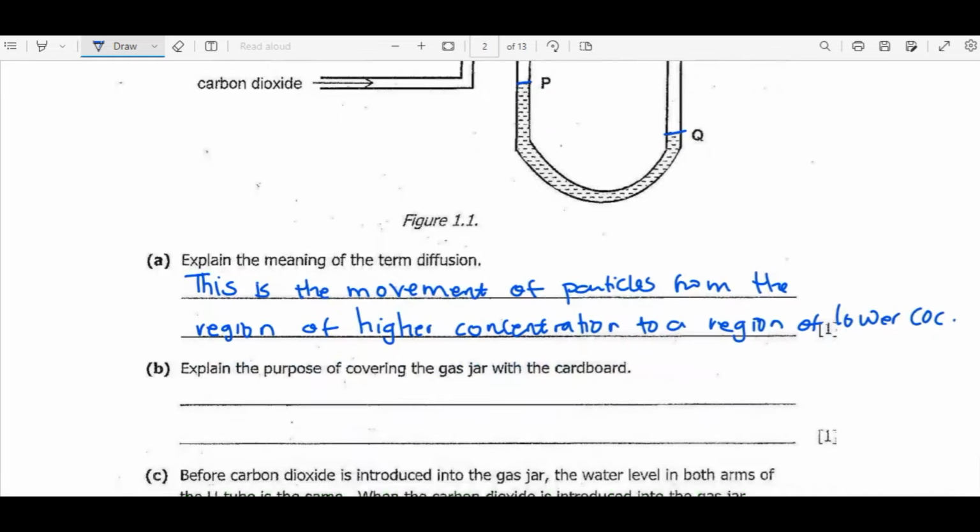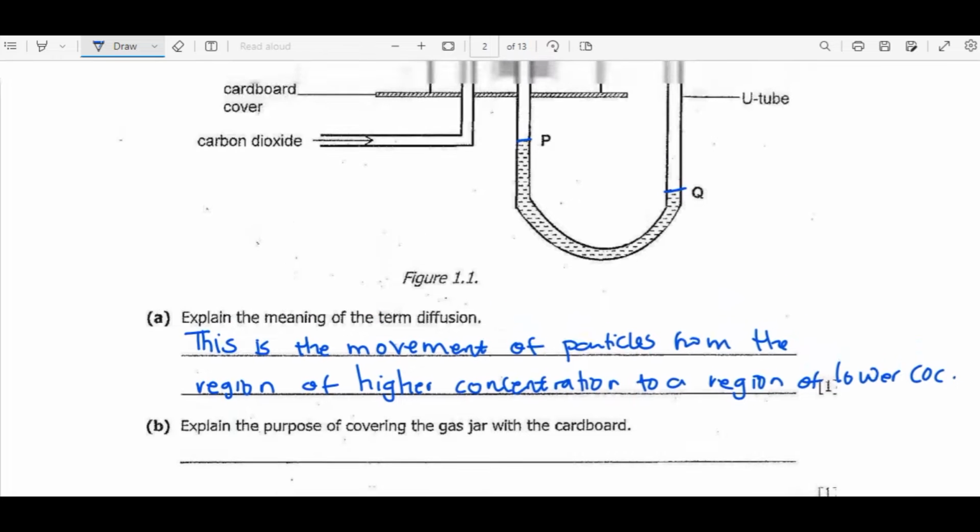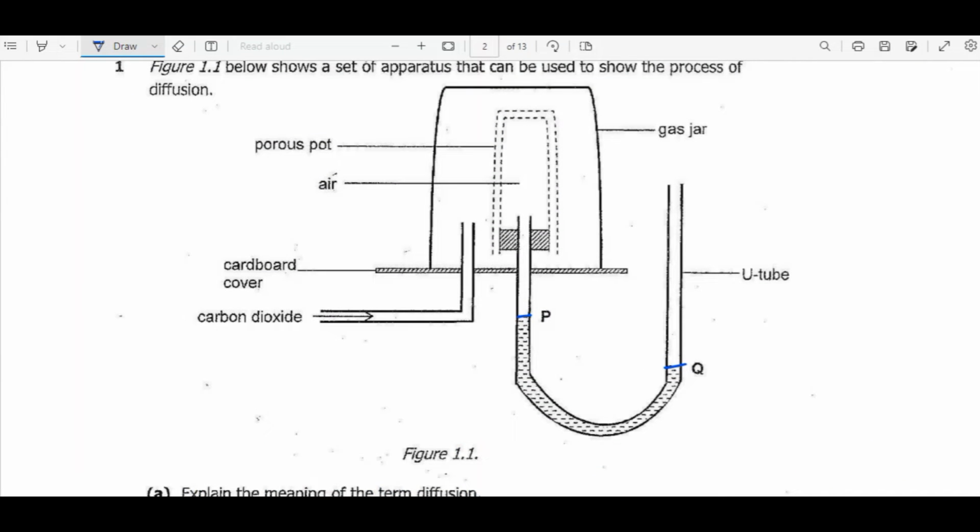Now we move on to question B. Explain the purpose of covering the gas jar with the cardboard. If we go back to our diagram, we have this cardboard here. Inside the gas jar there is air, and also we have this tube which is acting as the passage for carbon dioxide.